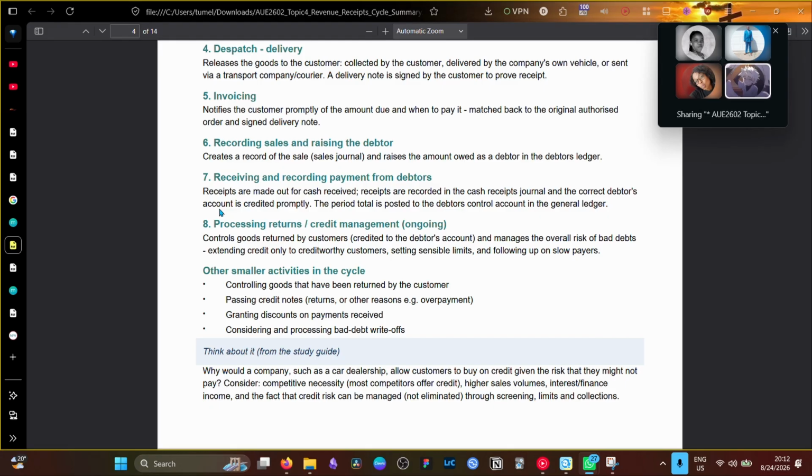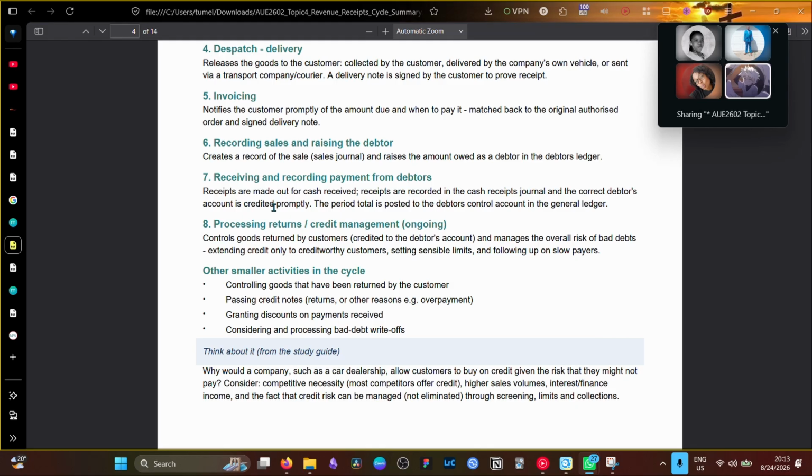And in 7, receiving and recording payments from debtors. This is where receipts are made out for the cash received. Receipts are recorded in the cash receipts journal, and the correct debtor's account is credited. Now, why is it credited? This person has paid now.